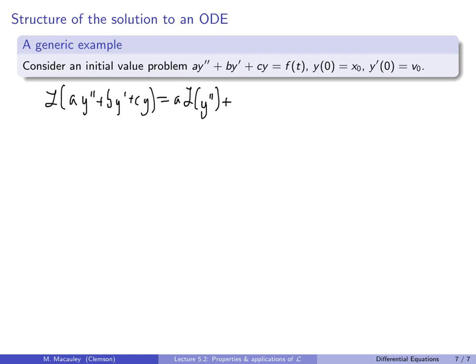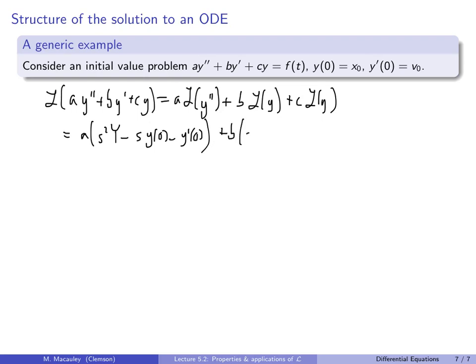So we compute the Laplace transform of each term, and we get a times s squared times y minus s times y of 0. This is just using our formulas for the second derivative and the first derivative, s times y minus y of 0, and then plus cy.